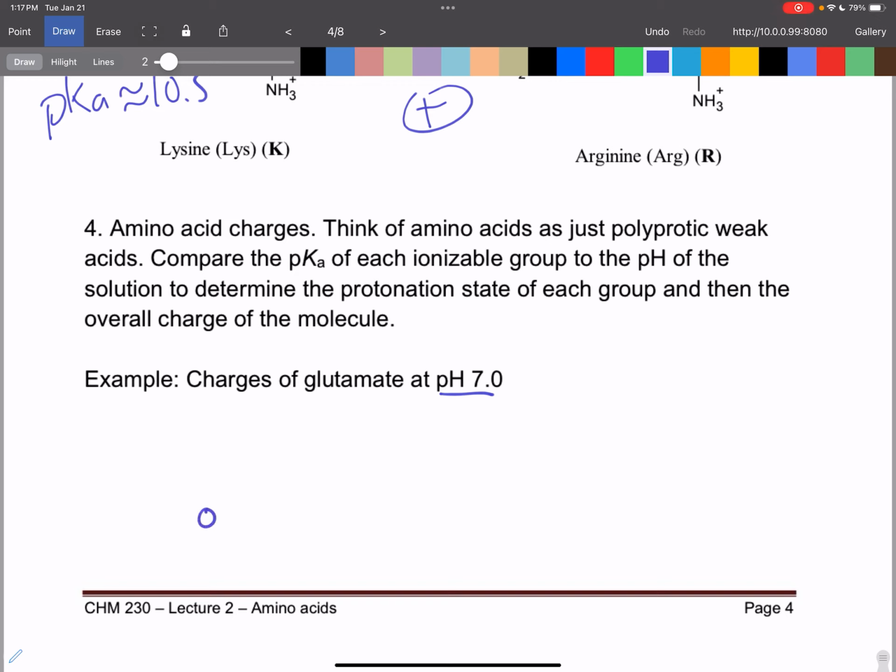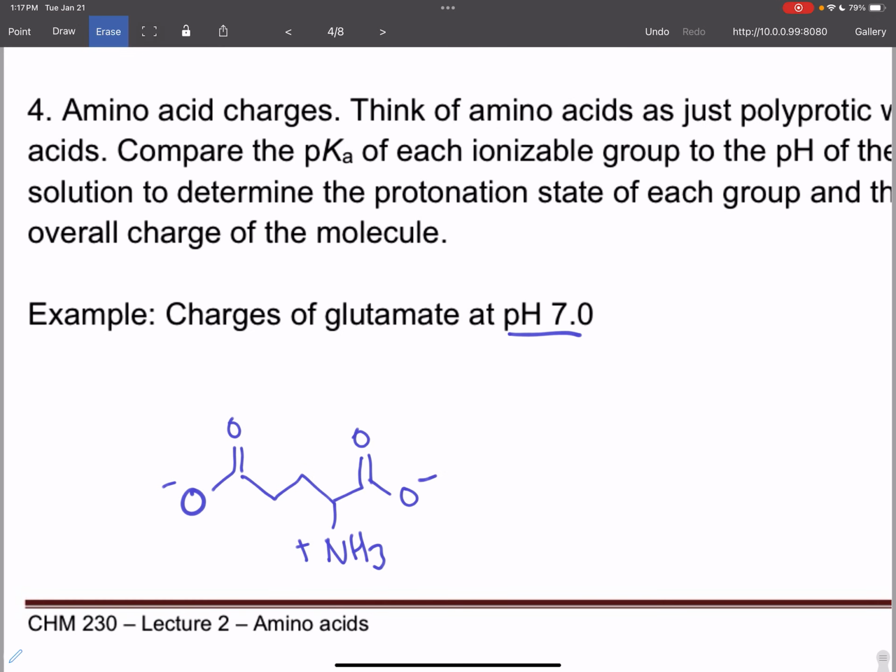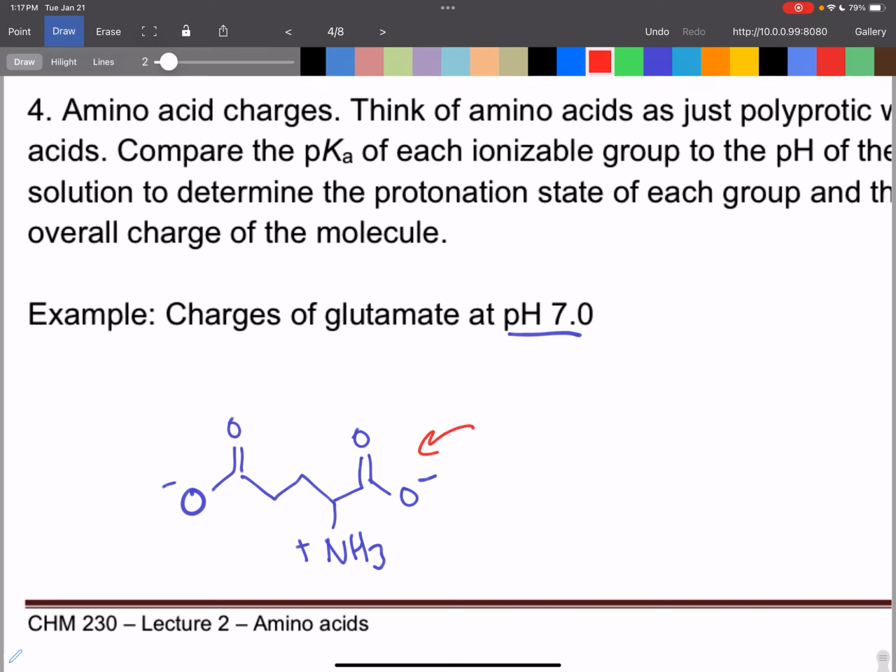I'm going to draw it like they are in the notes. So I have the side chain over here on the left, the carboxylate group. I'm going to draw it negatively charged since we're at pH 7, physiological pH. Then I'll draw the amine going down, and the carboxyl group going to the right here. And just to be clear what these things are, this is the main chain carboxyl group.